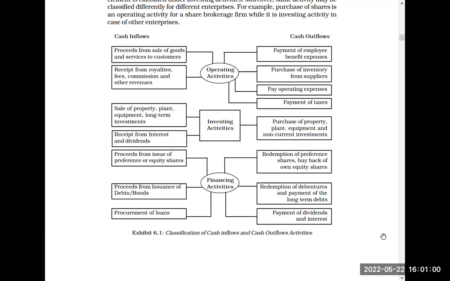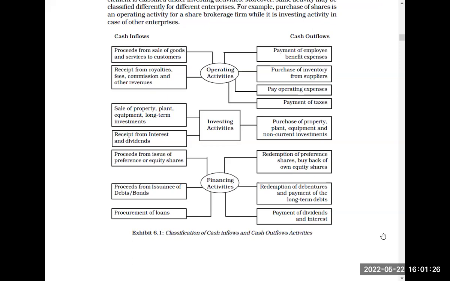That's called sale of long-term investments. Then receipt from interest and dividend. Then money from issue of preference share and equity share. Proceeds from issuance of debts and bonds, sale of debenture, issue of debenture.